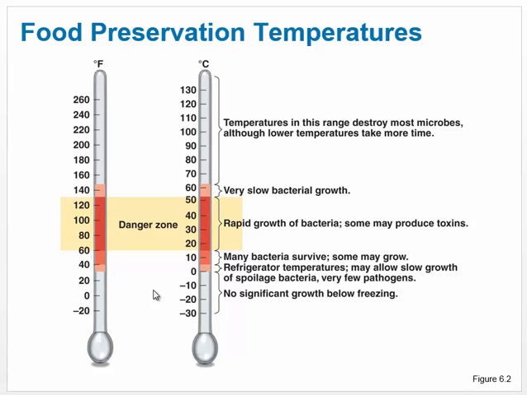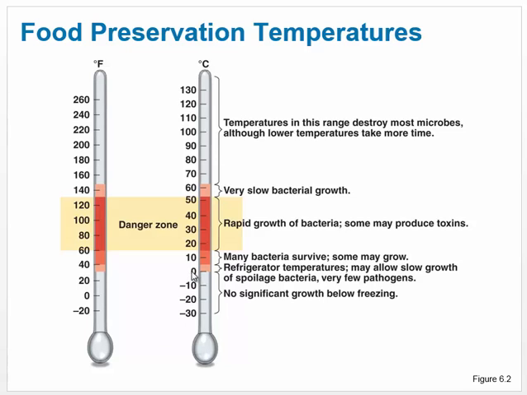Most refrigerators are set at about 4 degrees Celsius, which corresponds to the 30 to 40 degree Fahrenheit zone. Most of those refrigerator bacteria that grow over time are composting bacteria or food rotting bacteria. Not very many pathogens are going to grow there.